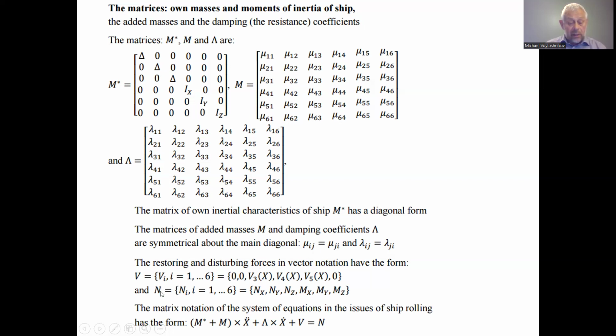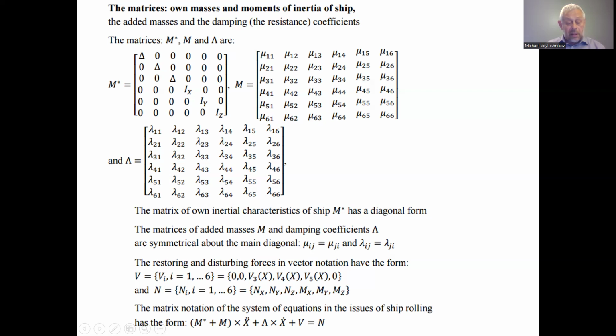And besides, we can have six disturbing forces. These are linear disturbing forces and moments. It would probably be more correct to say disturbing efforts, as just three of them are not forces, but moments. And we have the matrix notation of the system of equations of ship motion.